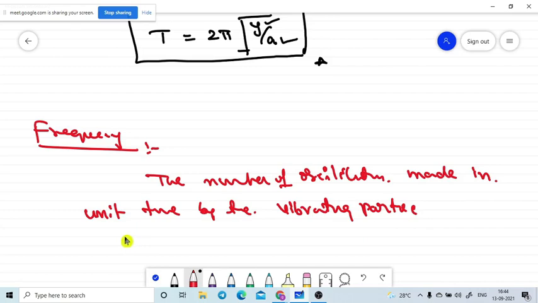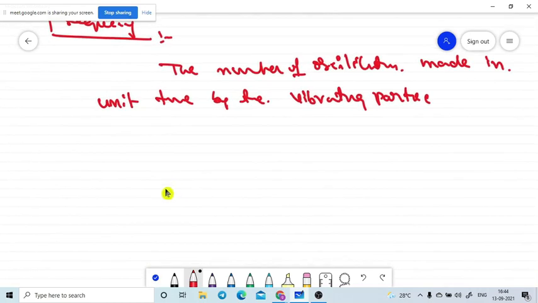What is the mathematical expression for the frequency? The frequency n is equal to 1 by t, the reciprocal of the time period. Then n is equal to 1 by 2 pi into square root of y by a.